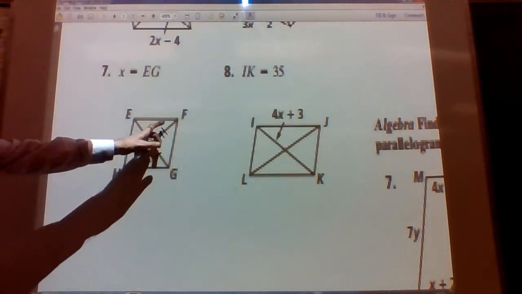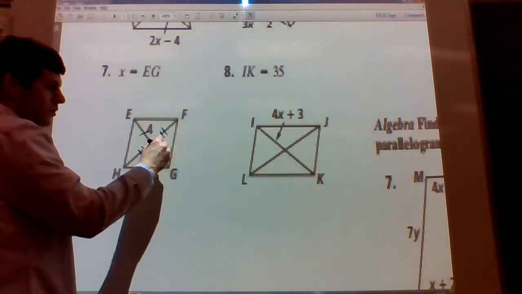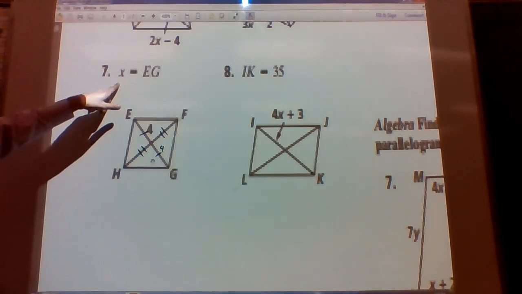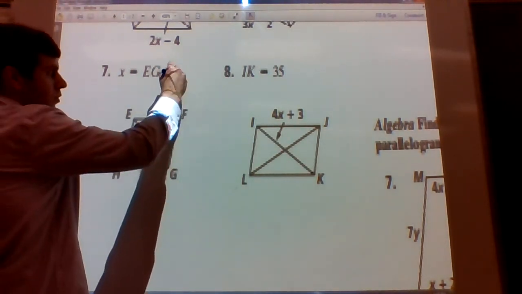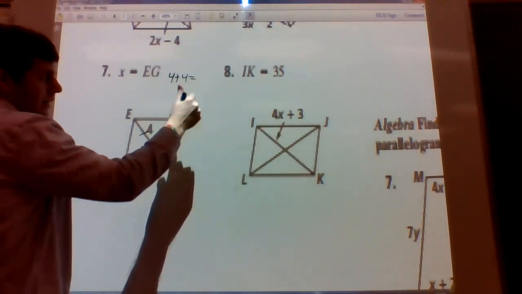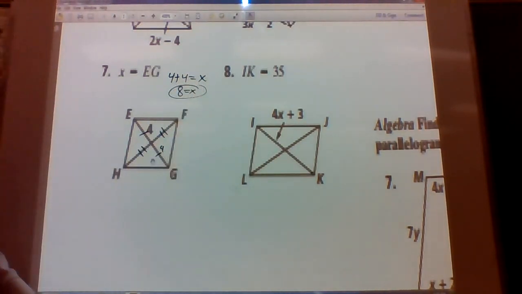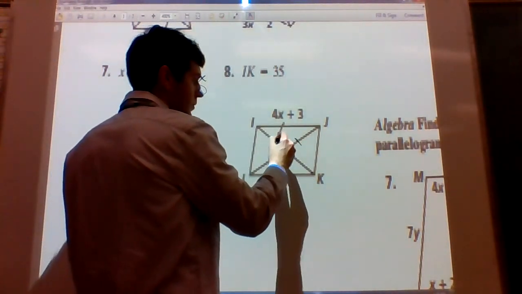So we know diagonals bisect each other. So these two are congruent and these two are congruent. So if this one's 4, this one is also going to be 4. The whole thing EG is x. So if we add the two parts together, 4 plus 4, we're going to get the whole piece, which is x. So 4 plus 4 is 8. So x equals 8. So EG equals 8. Again, parallelogram, diagonals bisect each other.